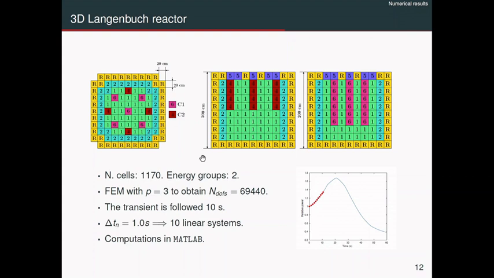The transient is followed during 10 seconds, and if we select a time step of 1 second, we obtain 10 linear systems that are marked in this graphic, and the computation for this reactor is made in MATLAB.